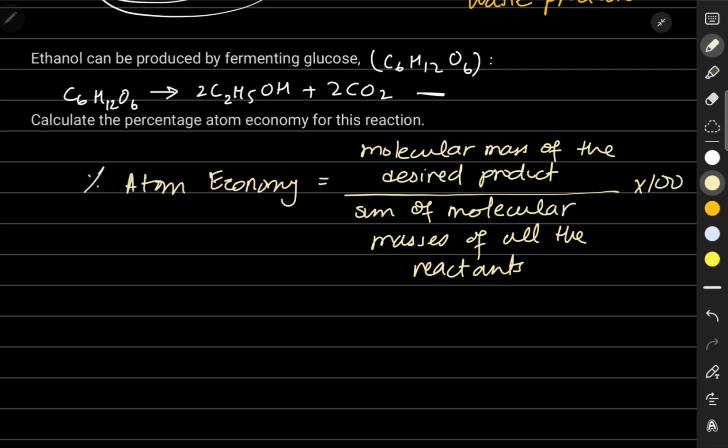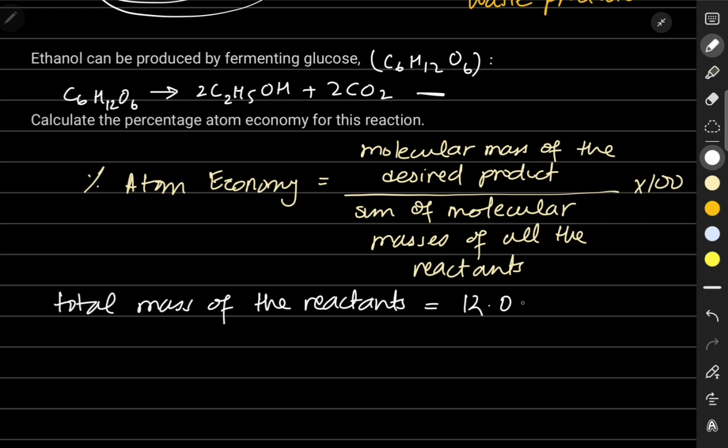All right, so let's solve the question. The first thing that we need to do here is to calculate the total mass of the reactants. In the reactants we only have glucose, so use your periodic table for this.